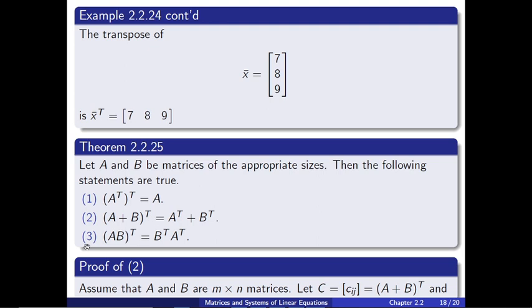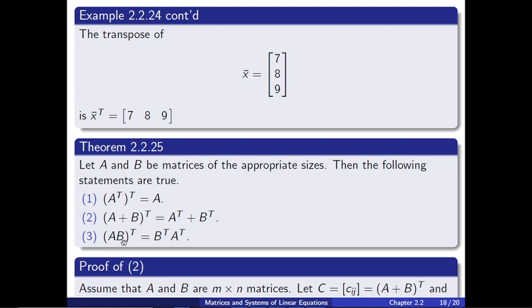And then the last one is the transpose of the product. The transpose of AB becomes B transpose A transpose, right?